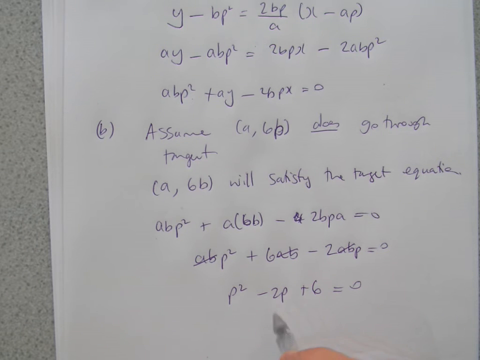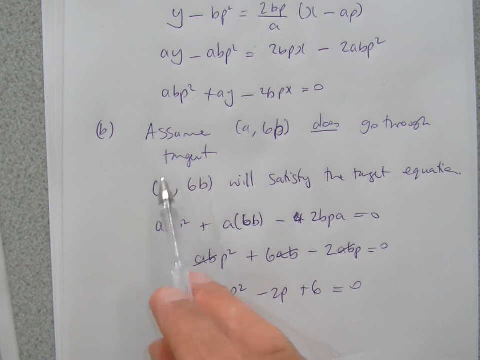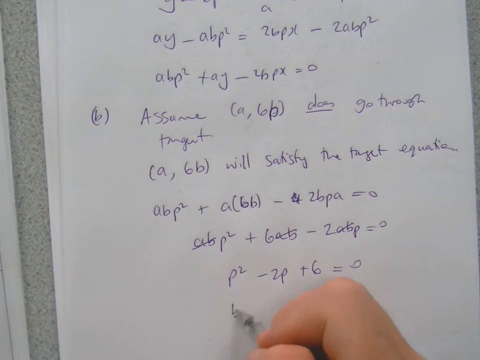Then we'd be expected to solve this, to find the value for p. So this is true, but possibly we're not able to solve this. Maybe this is impossible to solve. Maybe there's no solutions. That means this statement up here is wrong. In other words, the tangent won't go through this point. Now, I can show there's no solutions by looking at the discriminant, b squared minus 4ac.